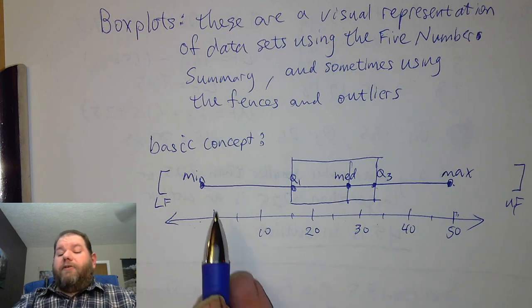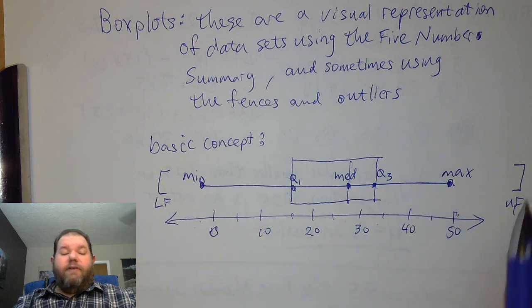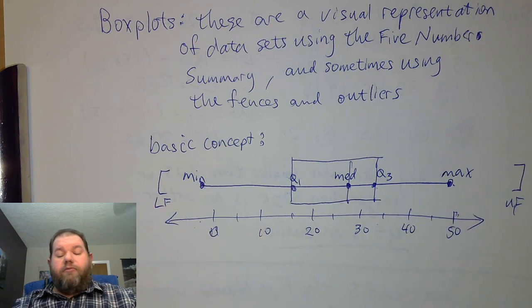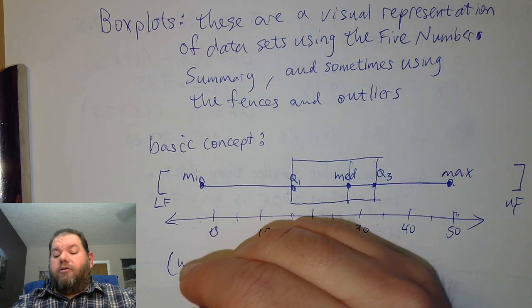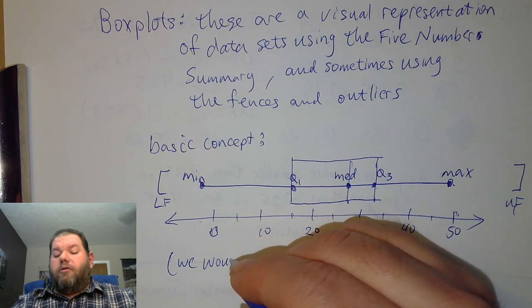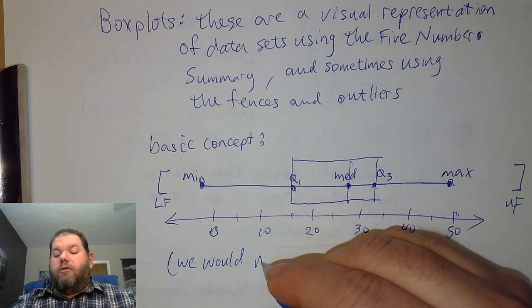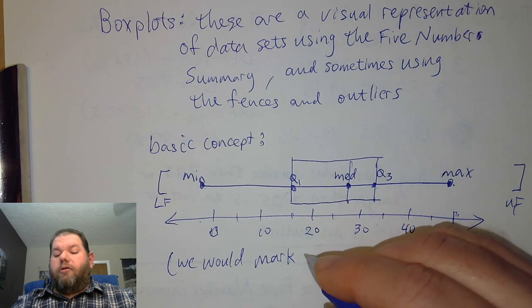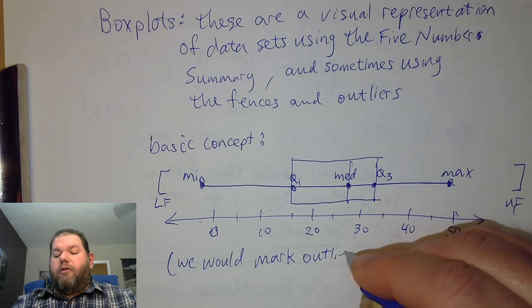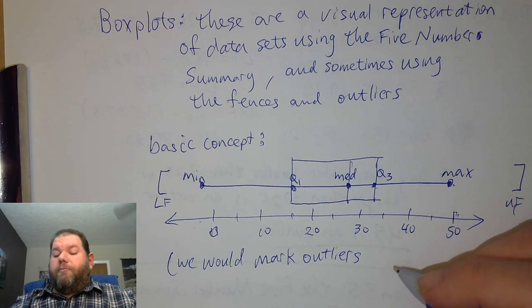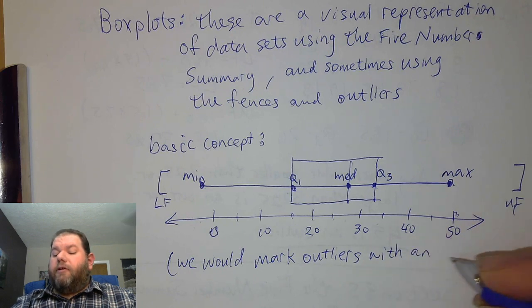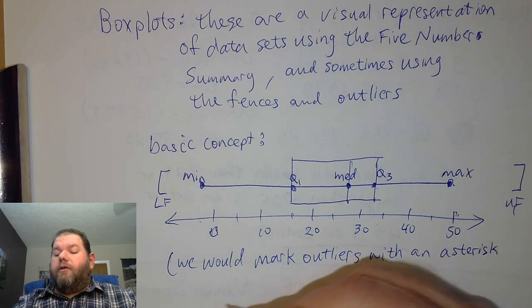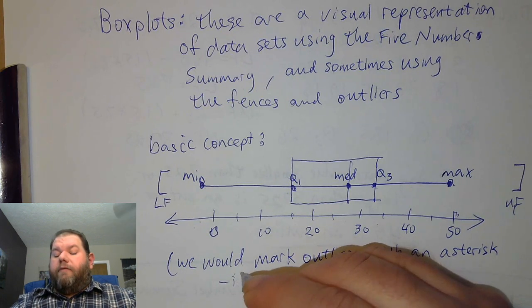In this case, because all of the data is between the two fences, there are no outliers, so we wouldn't worry about that. So as a comment here, we would mark outliers with an asterisk, if there are any.